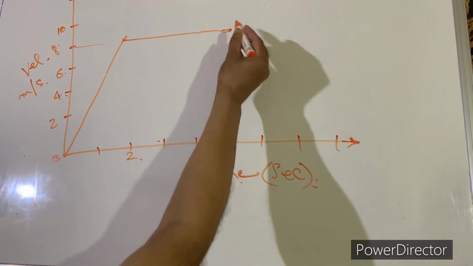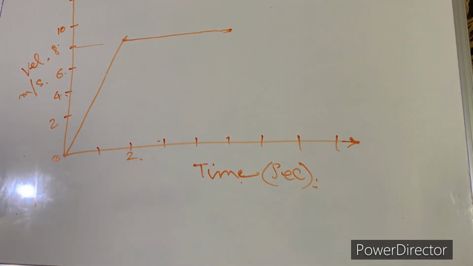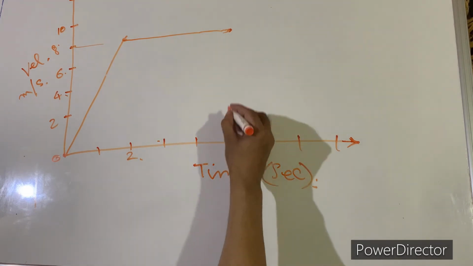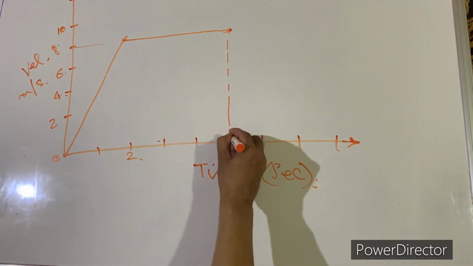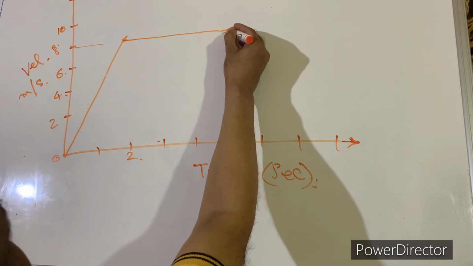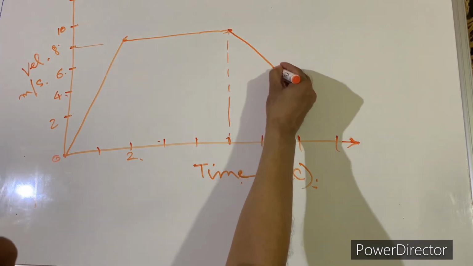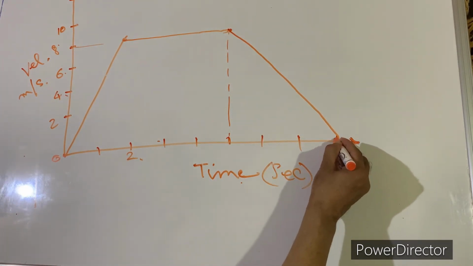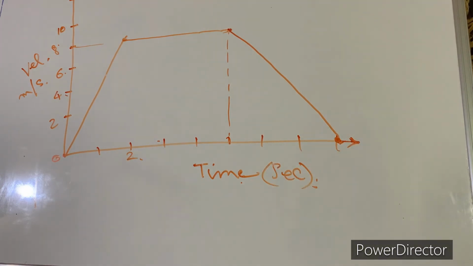Then the body starts reducing its velocity, and the velocity of the body finally comes down to 0. Which means, what does this mean? Decrease in velocity means a negative acceleration.